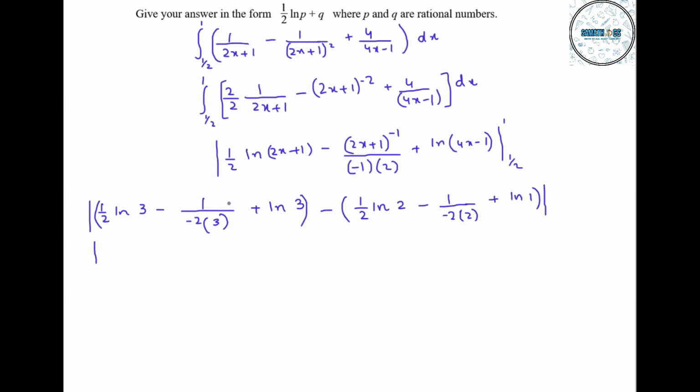1 upon 2 ln 3 plus ln 3 will become 3 upon 2 ln 3, minus 1 upon minus 6, so it will be plus 1 upon 6. Here 1 upon 2 ln 2 will be 1 upon 2 ln 2.